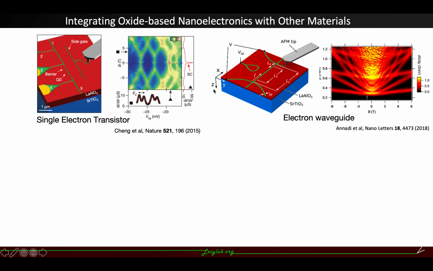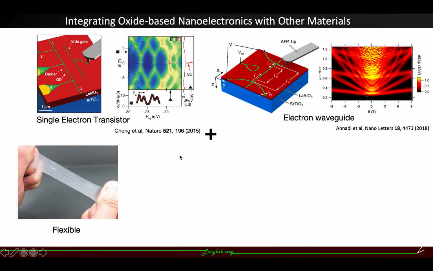So we keep thinking, what if we can integrate all these interesting devices with other materials, such as flexible materials, which may enable us to make flexible nanoelectronics, or ferromagnet or superconductor, which may lead us to investigate the proximity effect.